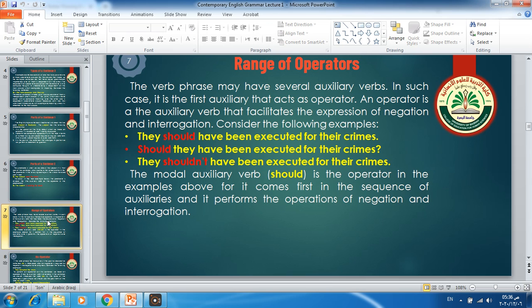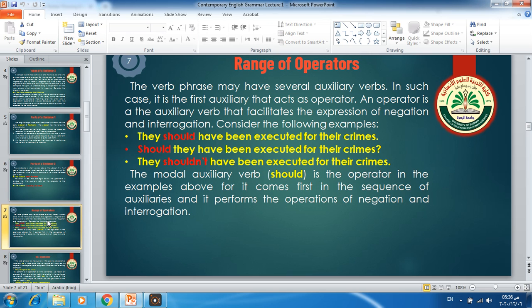So it is that verb that performs an operation on the clause, on the sentence, whether this operation is converting the sentence from its statement state into a question, or from its affirmative state into the negative state.